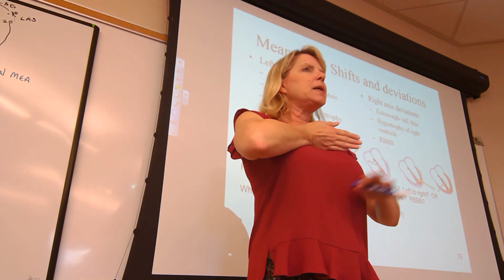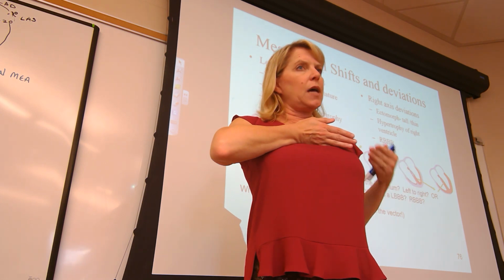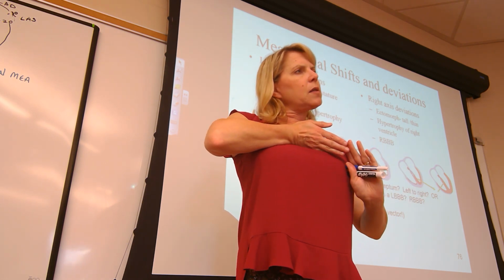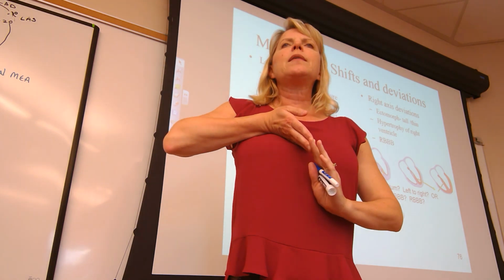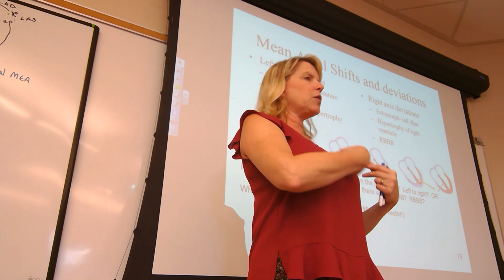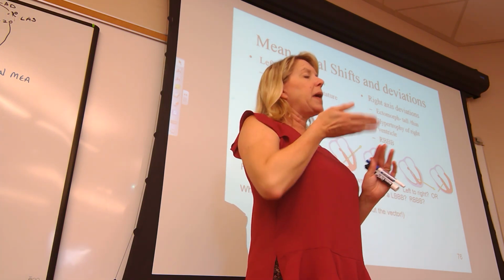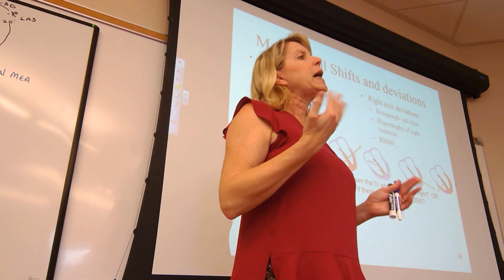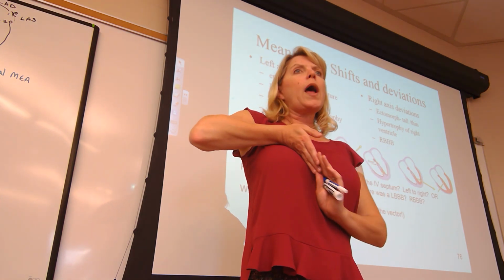When that happens, the pericardial membranes are attached to the diaphragm. The apex of the heart moves with the diaphragm. And when you breathe in, your heart will be more vertical in your thoracic cage. So that means, compared to normal, your MEA will be more to the right.